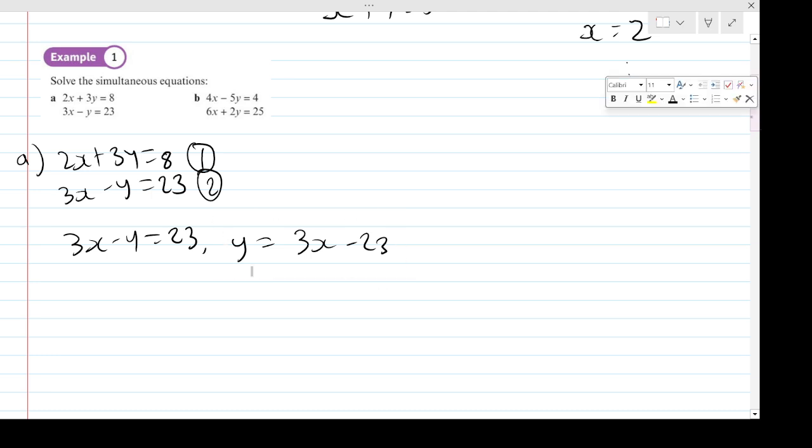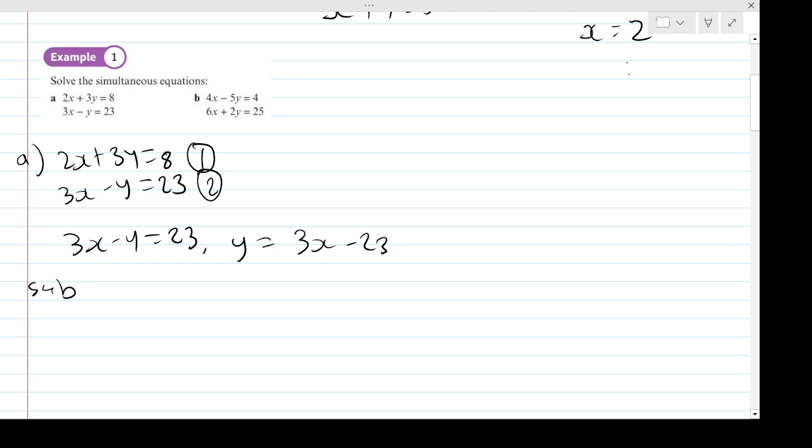So we can substitute y into the other equation. We can't substitute it back into equation 2, right? Because that's what we used in the first place. If you were to do that, you'll basically just get 23 equals 23, which isn't helpful. It doesn't tell us anything. In order to actually solve it, you need to use one equation and then substitute it into the other.